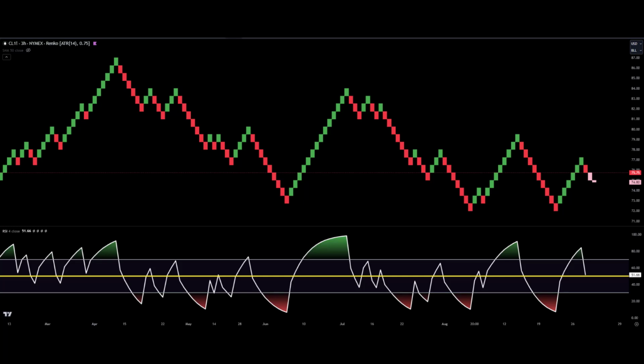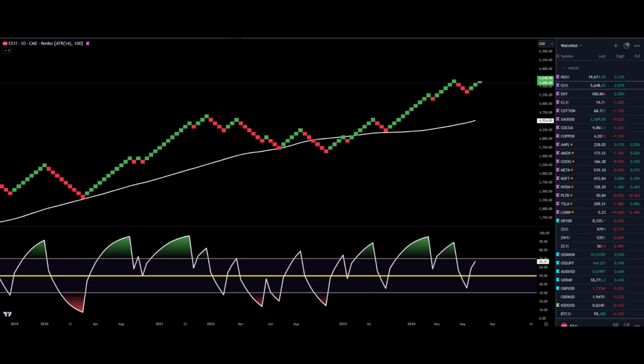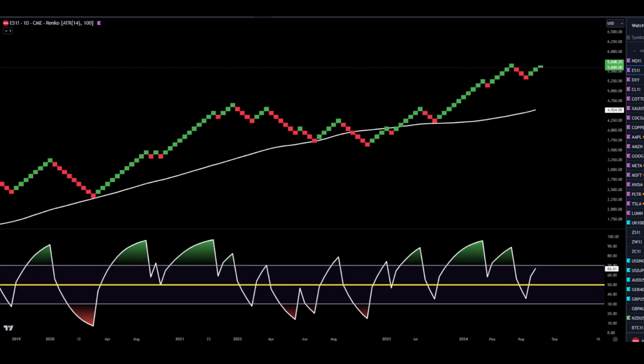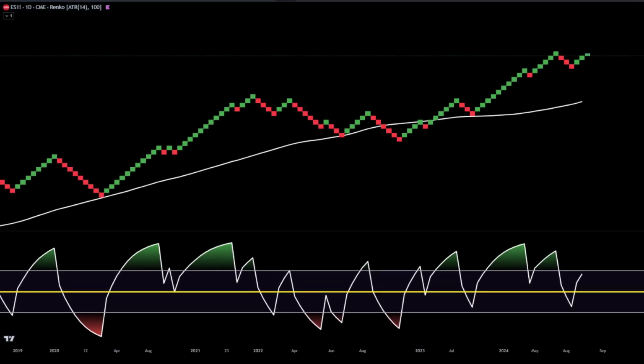Well, I'd place a stop loss below or above the recent swing low or high, and I'd use a trailing stop to ride the trend. So I've made this example really obvious by going on the S&P 500 daily chart, Renko chart with 100 block size, just to really show you an uptrend. I just want to show you the pullbacks in action a lot easier.